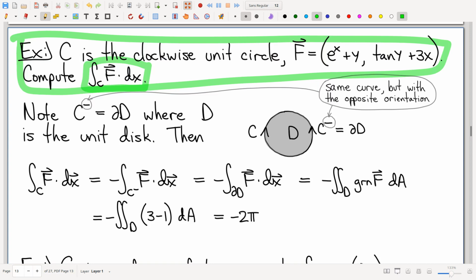That means that when you actually do the pullback, this vector field, everywhere you see an x, you're going to have a cosine, or minus cosine, or something like that. Everywhere you see y, you're going to have a sine. And so some of these terms get a little weird. And so the integral that you would actually get if you were to parameterize and pull back, I'm a little scared. Does that make sense? Okay. So let's not do that.